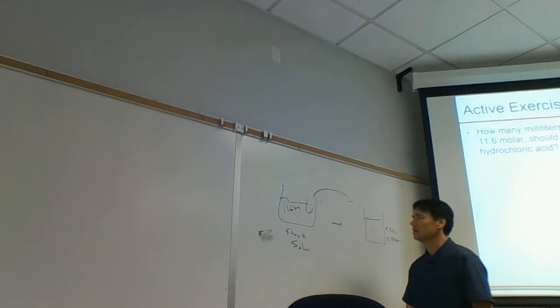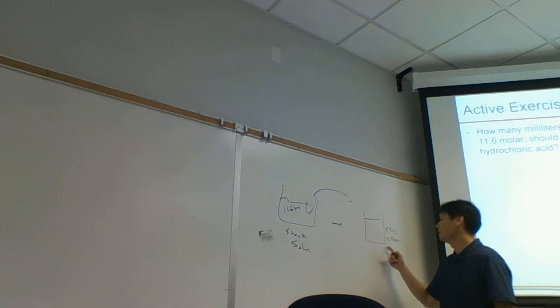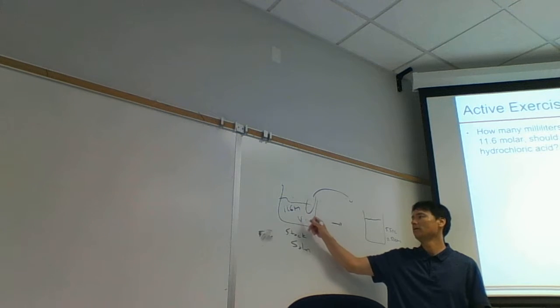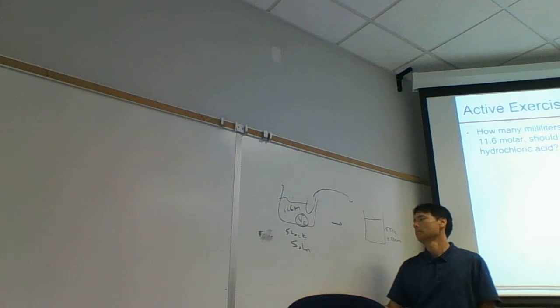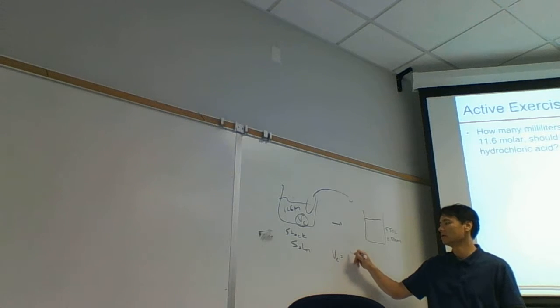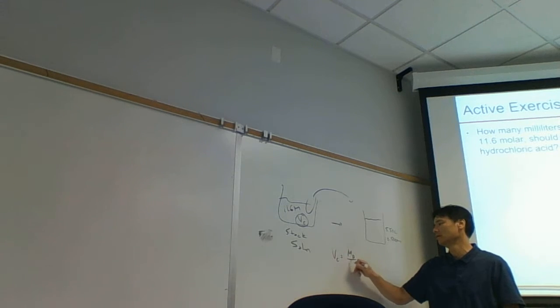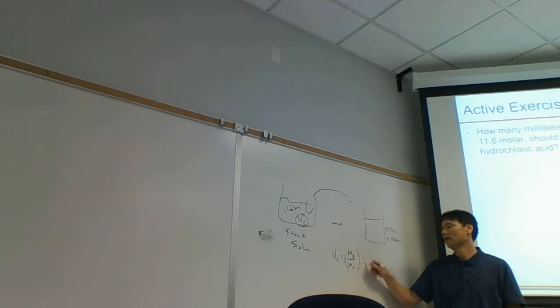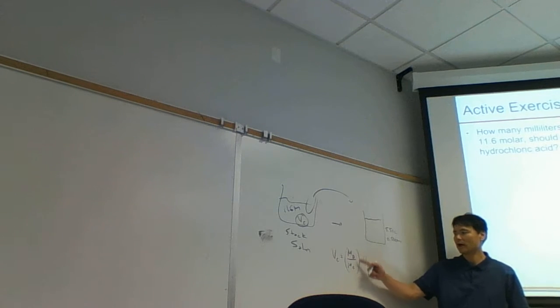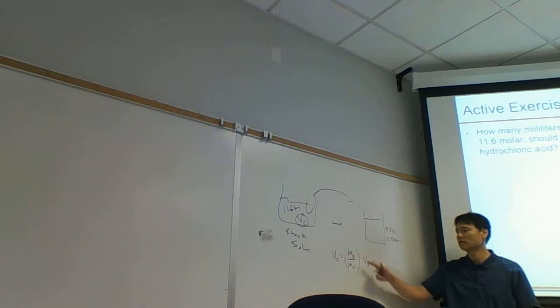And so what's missing here? Well, what's missing here is the volume. We don't know what the volume of the concentrated is. And so the volume of the concentrated is going to equal the molarity of the dilute over the molarity of the concentrated times the volume of the dilute. So here we have this factor. This is the concentration factor.